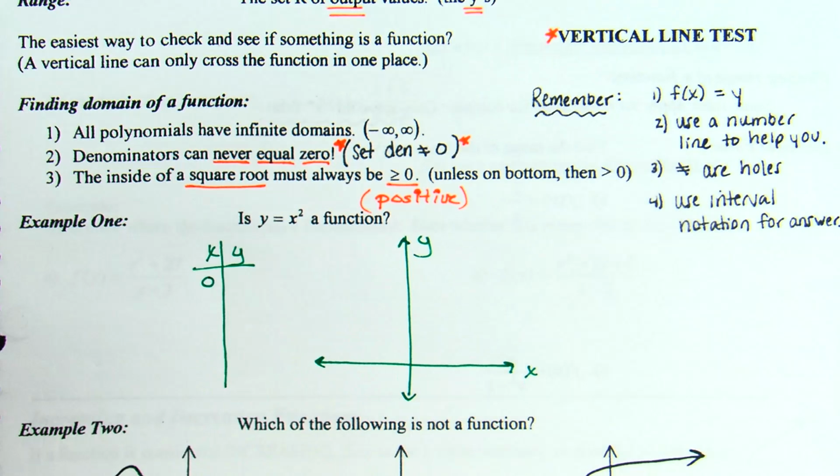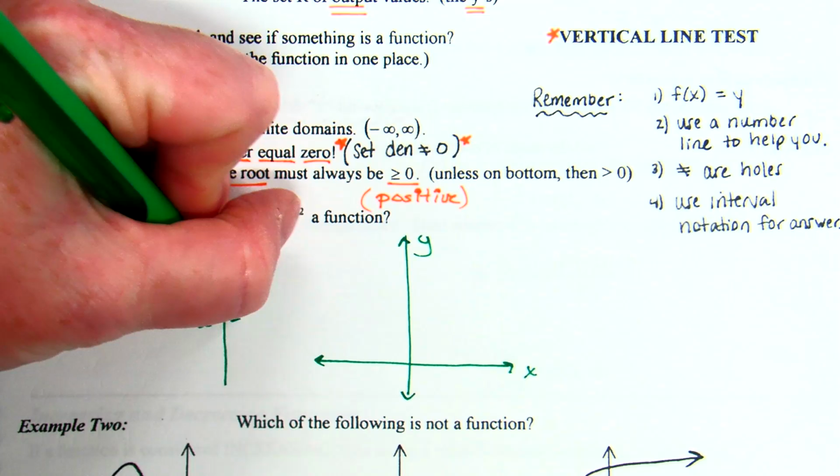If my input is 0, what's my output? Well, 0 squared is 0, yes? If I put in 1, what's my output? 1. If I put in 1, 1 squared is 1. What if I put in 2? What do I get? 4.